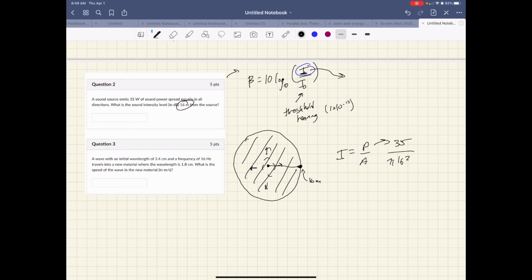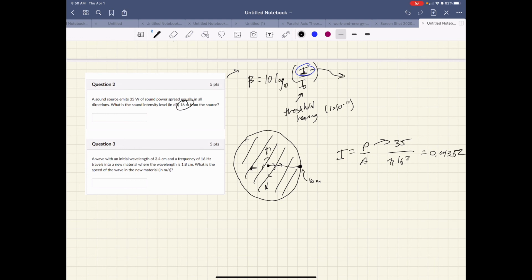So that's 35 divided by pi times 16 squared. Something's wrong with my calculator. There, now we finally got it. It is 0.04352. I'm rounding it now.